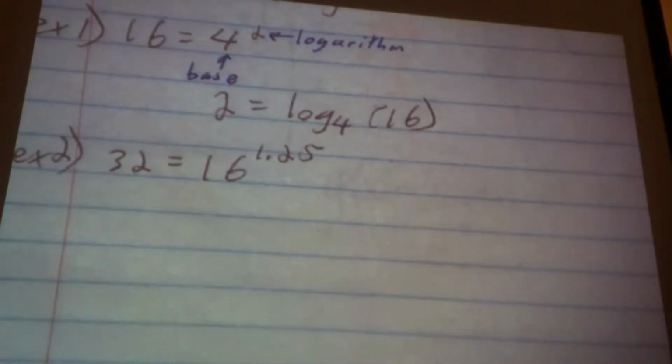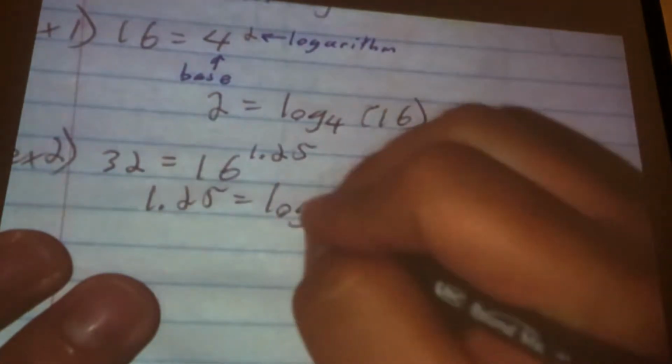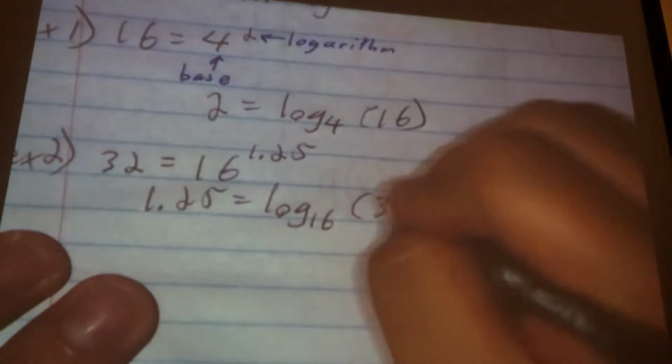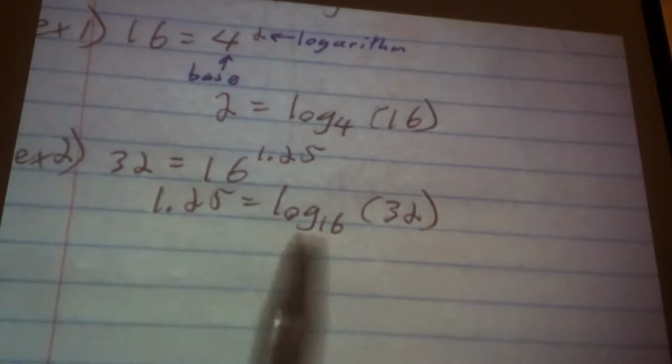Who thinks they can tell me what this is in logarithm form? Yeah, go ahead. 1.25 is equal to log of 16 times 32. So it's, yeah, 1.25 is equal to log base 16 of 32.